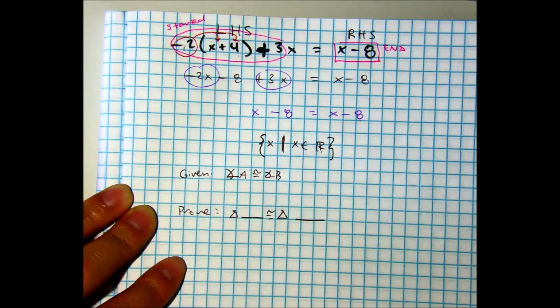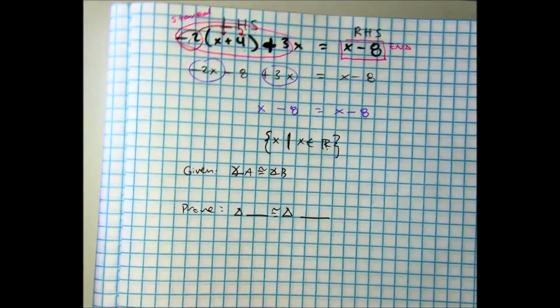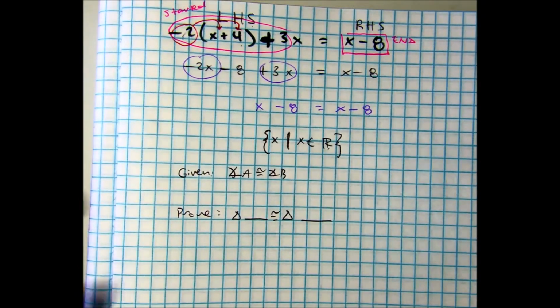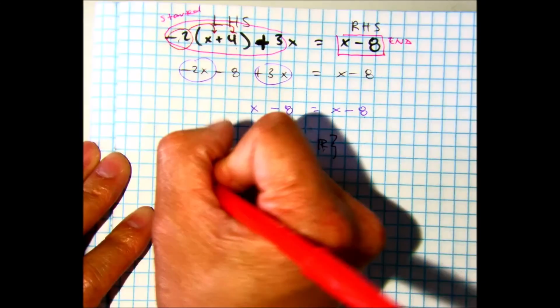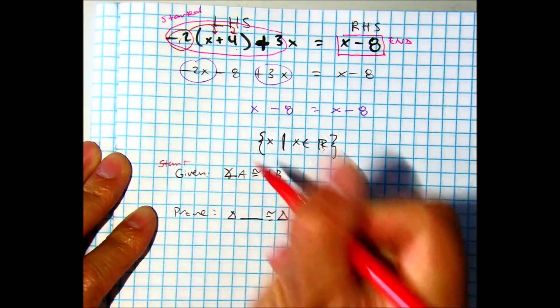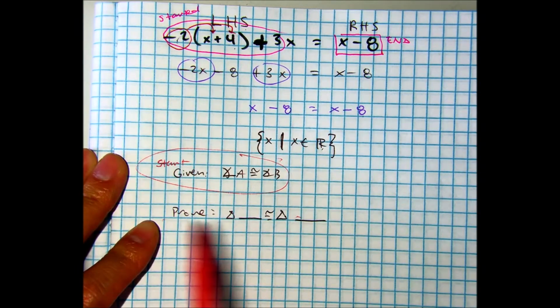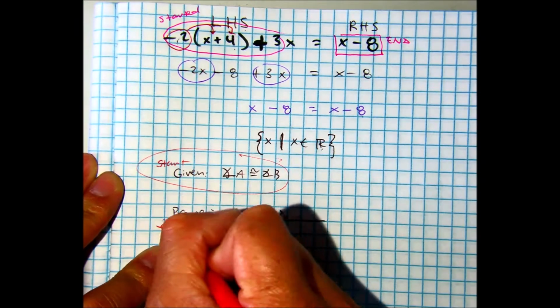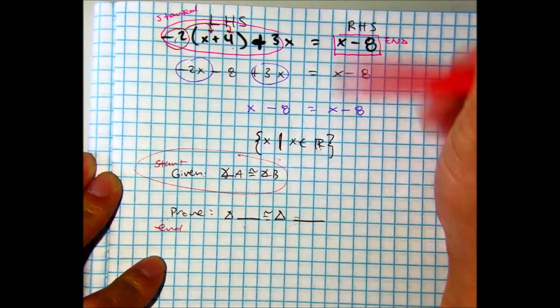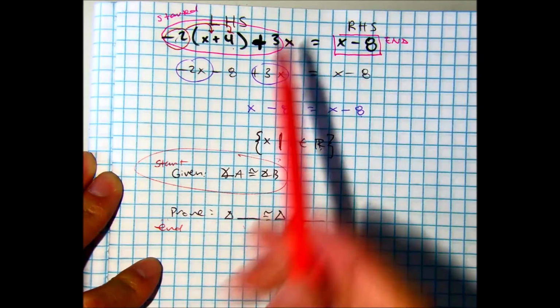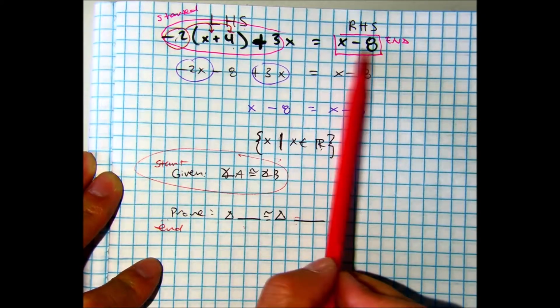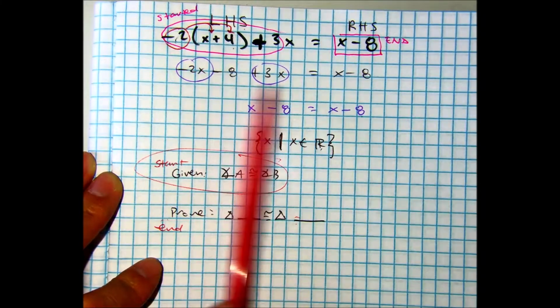Now, the goal is that this was the starting point, and these were a bunch of clues, right? And then you already knew what the answer is. You just had to work your way towards the proving part or the end. And this is going to be the same thing when you're verifying identities. You'll actually have the answer. You just have to work one side to get towards the answer.